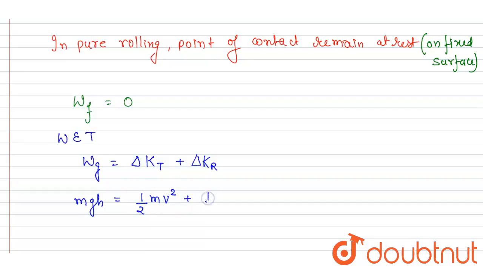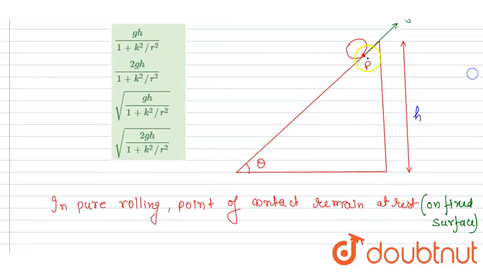And rotational kinetic energy is half I omega square. Since it is pure rolling, at any time the point of contact will have 0 net velocity, so this v will be equal to omega r.